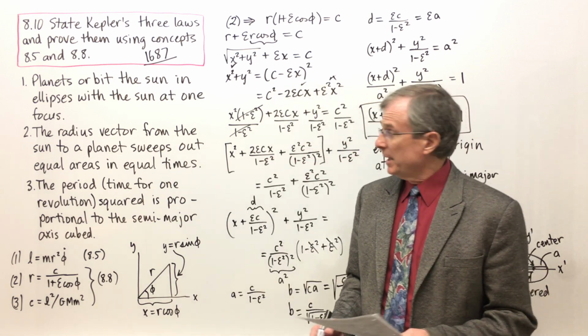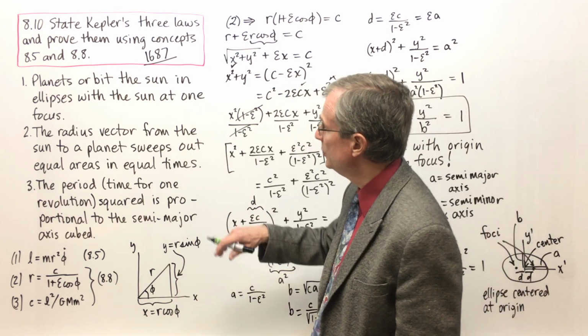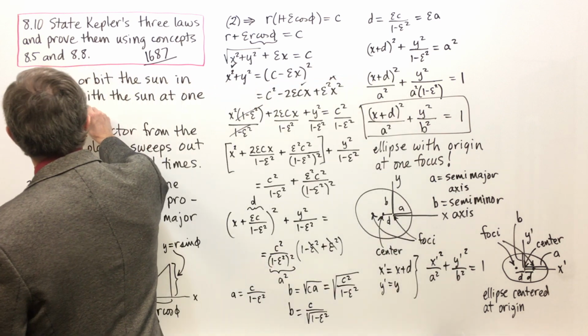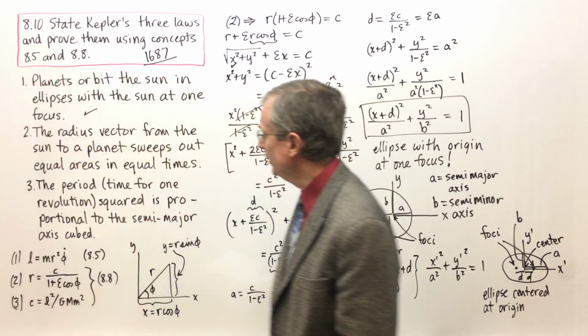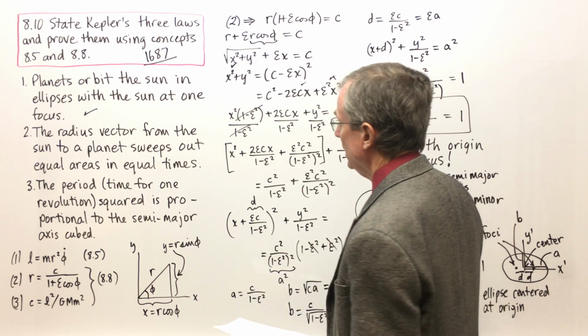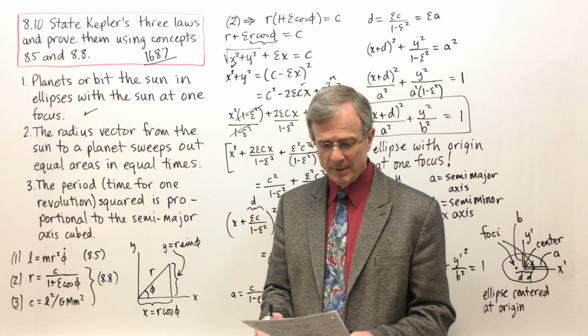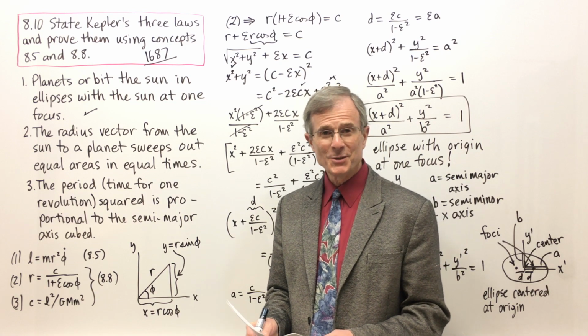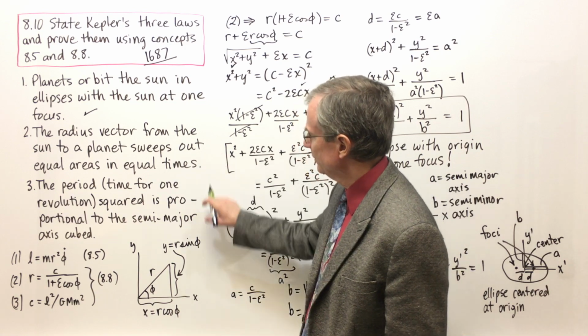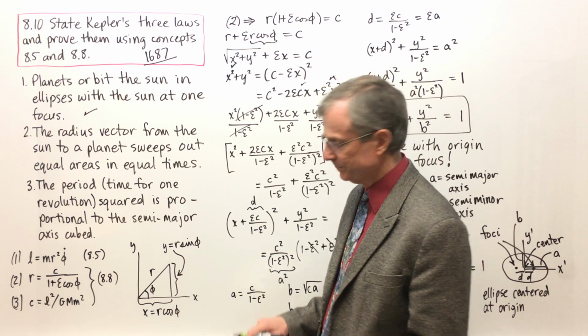So that is the proof that planets orbit the sun in ellipses with the sun at one focus. And given that we've used up the board here, I'm going to erase the board and then continue the video for numbers 2 and 3.